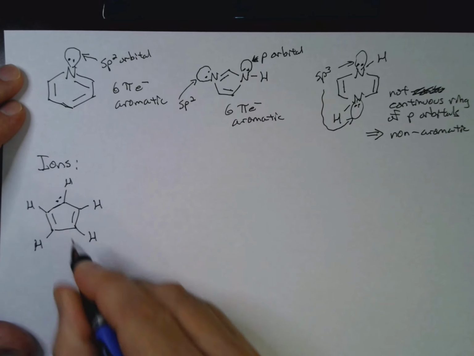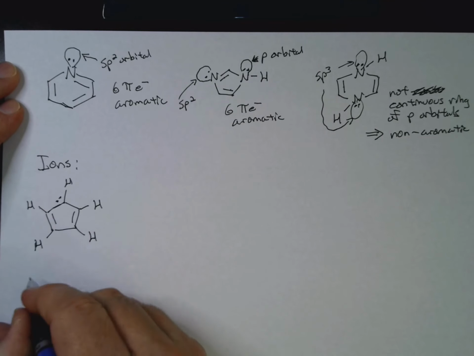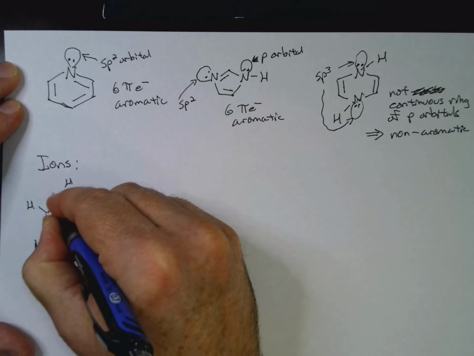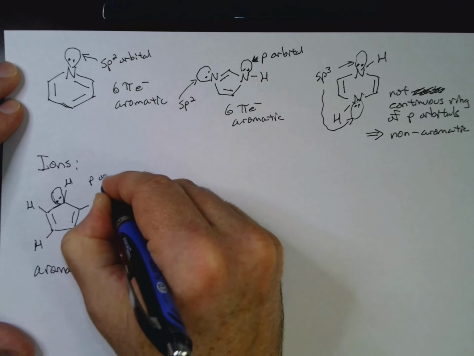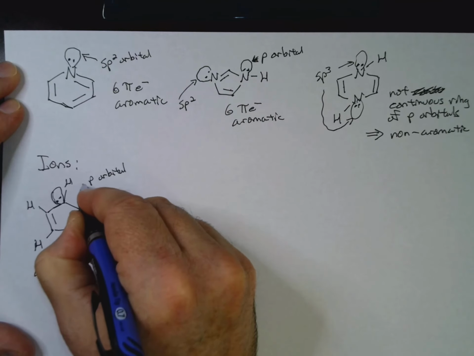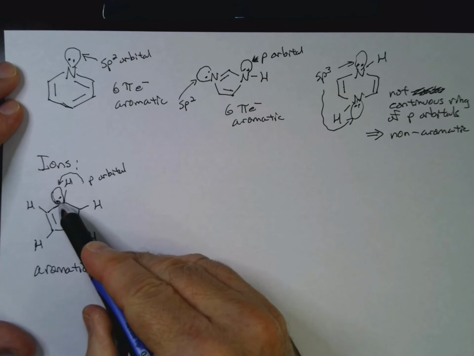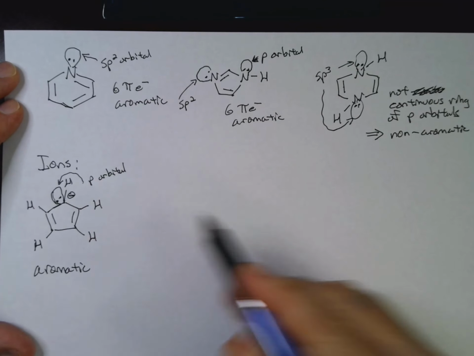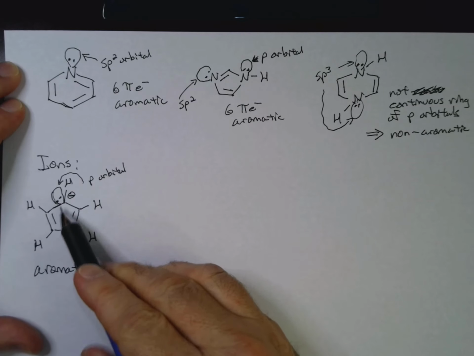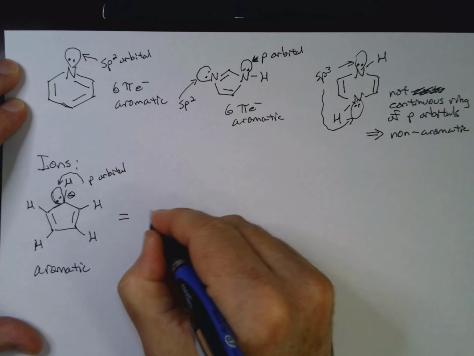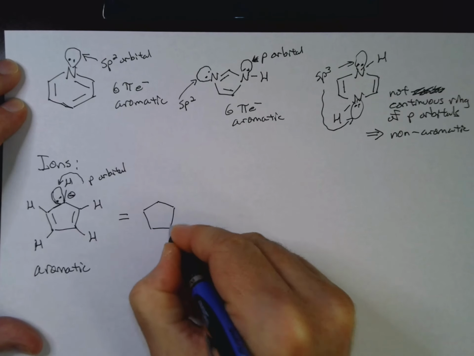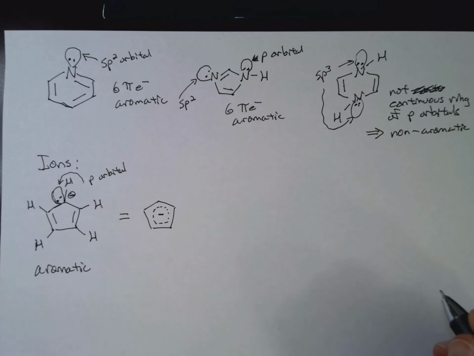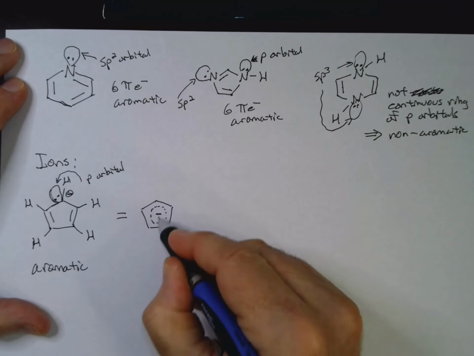Okay, so this is the cyclopentadienyl anion, and this is aromatic, because that lone pair, I have a negative charge there, sorry, forgot about that, that lone pair can be in a p orbital, so this would make this aromatic. And sometimes we actually draw this as the following. We'll draw it like so, with this sort of dashed ring and a minus.